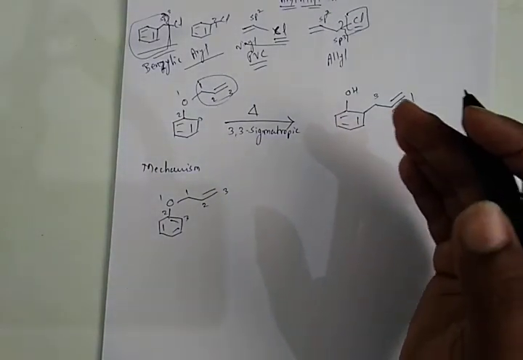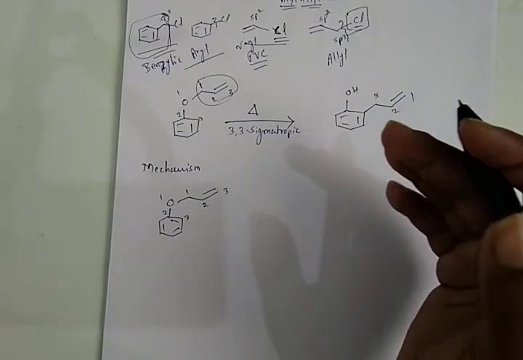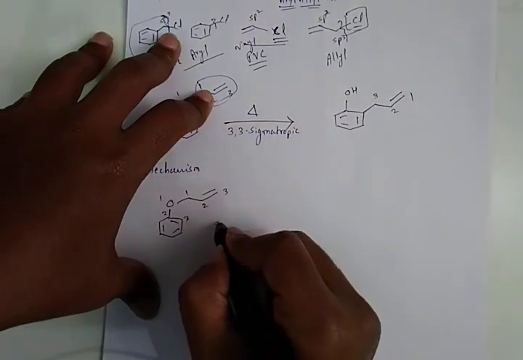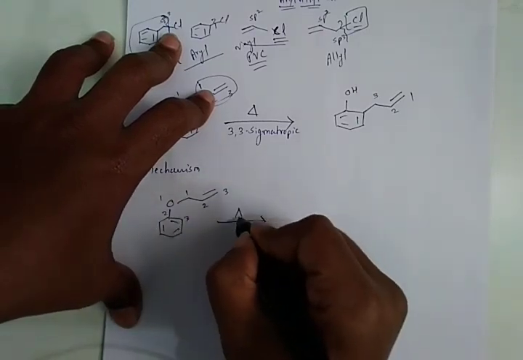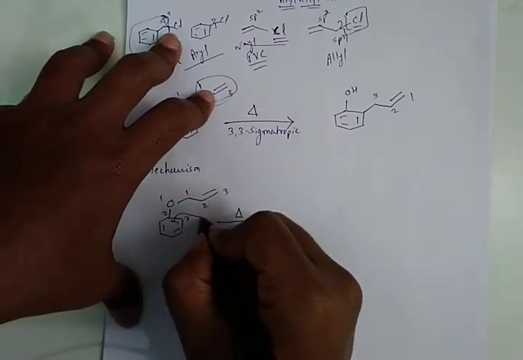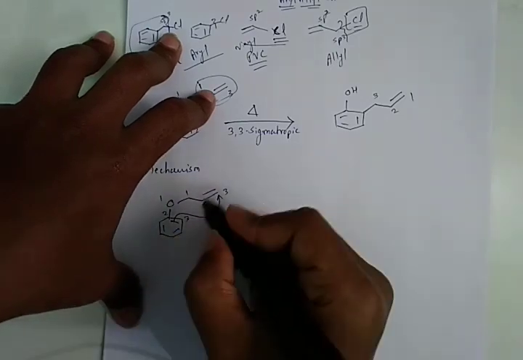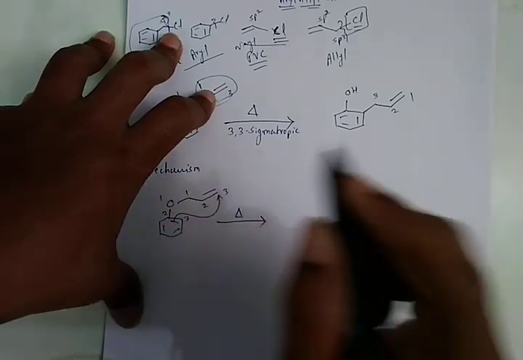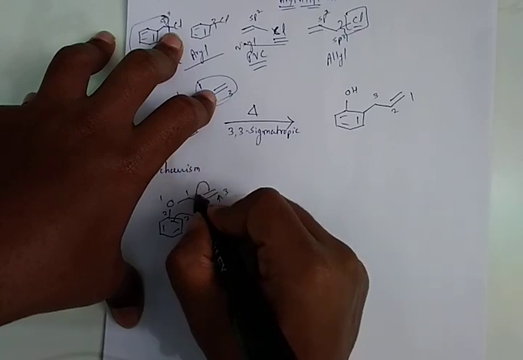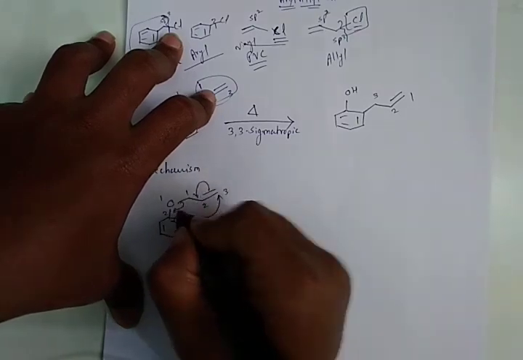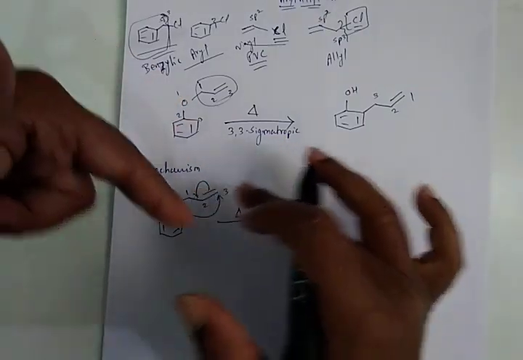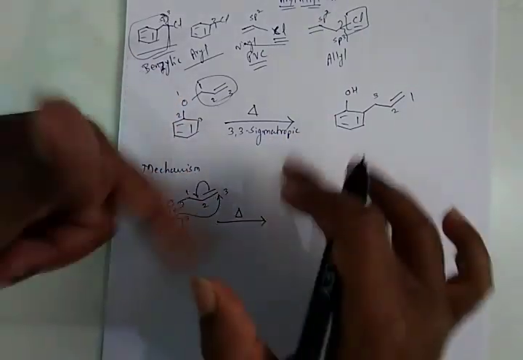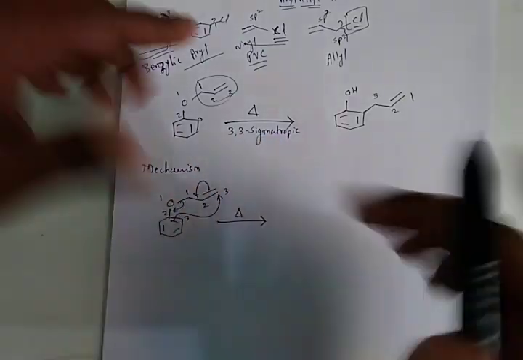I'll make a special video for sigmatropic shifts and rearrangements later, but for the time being we'll go with this reaction. In presence of heat, the bond opens here. That means this 3 and this 3 are going to form a new bond, and the rest of the bonds get rearranged. It's just a matter of shifting of pi bonds in a conjugated manner.